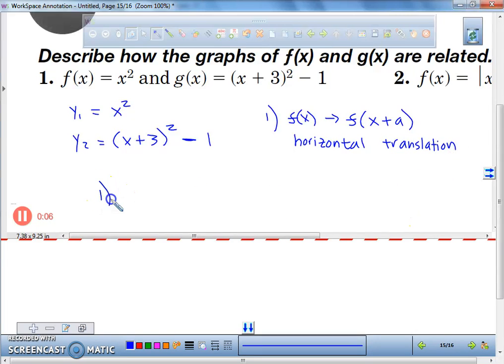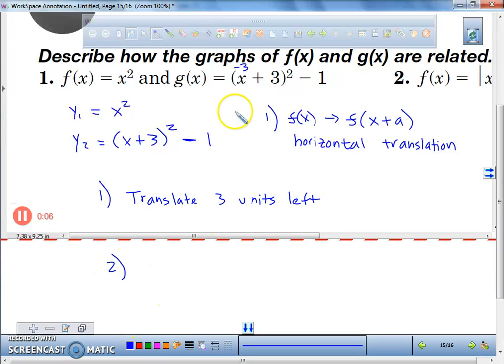So step 1, I want you to say it translated 3 units left. Because if it's x plus 3, it actually goes 3 units to the left. And remember what I told you yesterday: what number gets you back to 0? If you plug that in, negative 3 gets you back to 0. That lets you know which direction you're going. So it translates 3 units left.